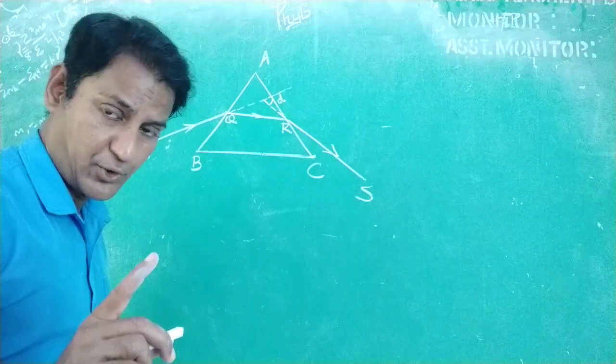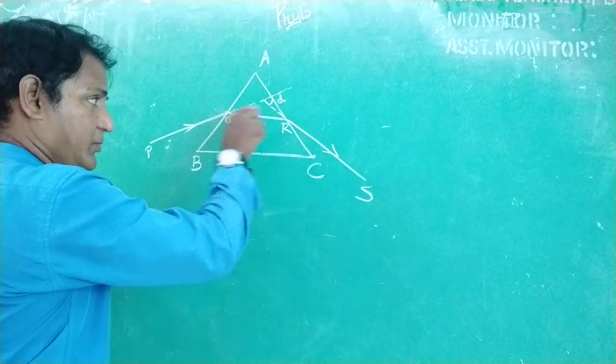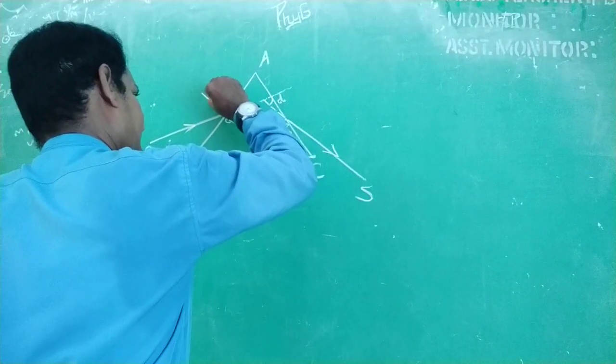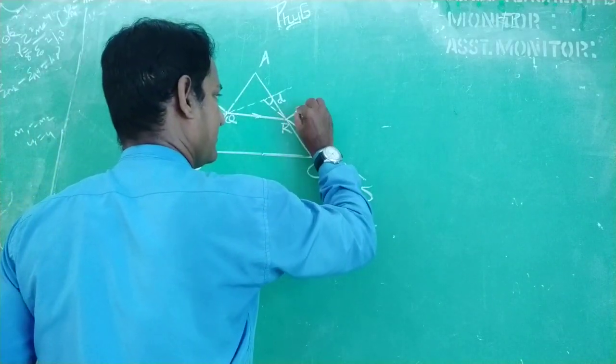Now I am going to draw 2 normals at the points Q and R on the refracting faces AB and AC respectively.